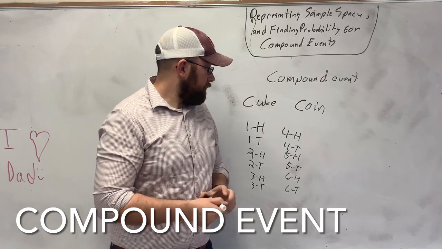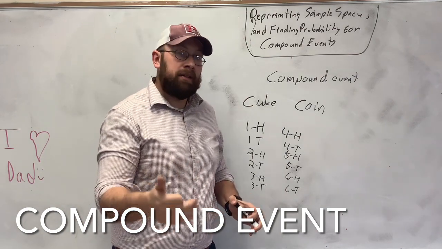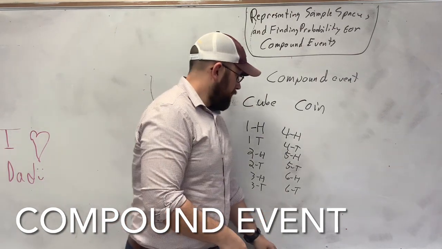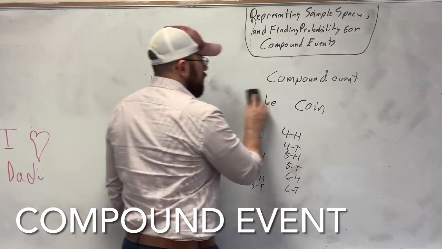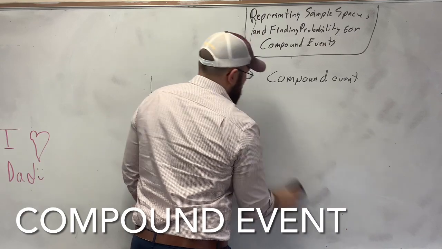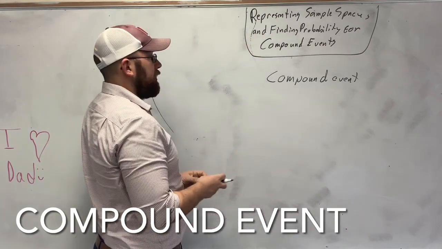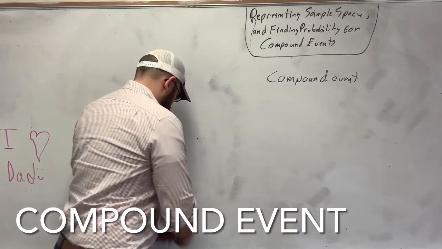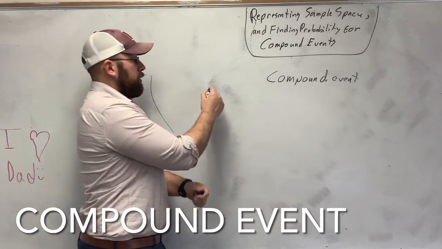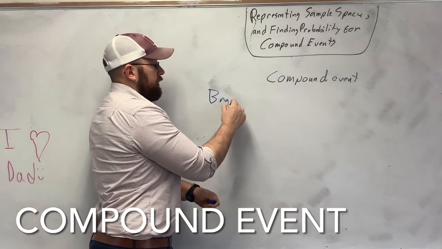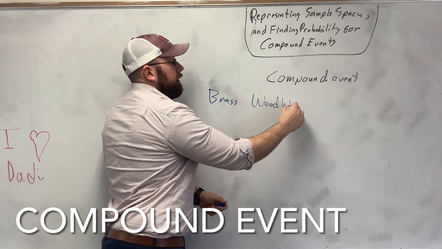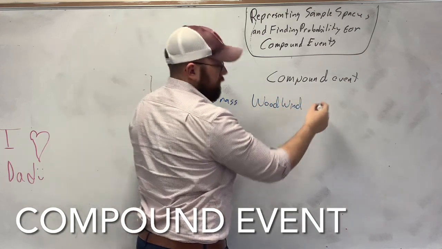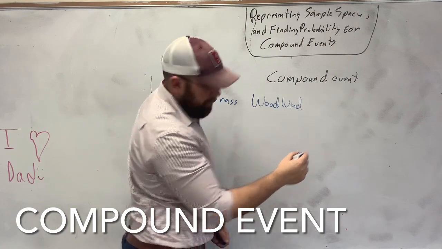So, there you go. We need that, and then we're going to move on to this other thing. So that is just the sample space here. Now you have three categories here. It's going to be brass, woodwind, and percussion.